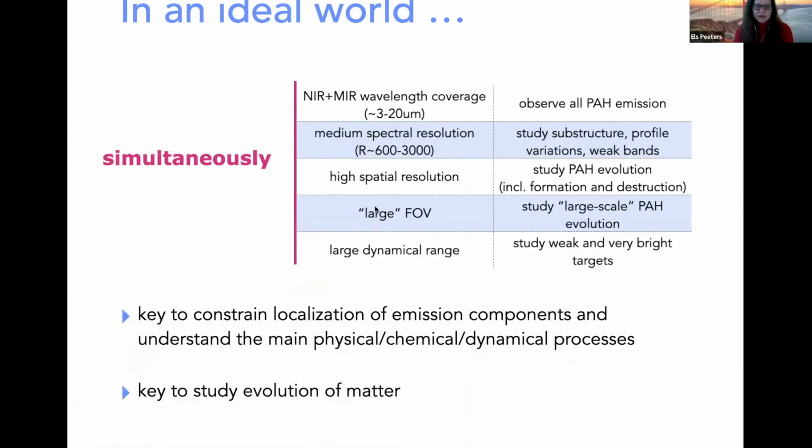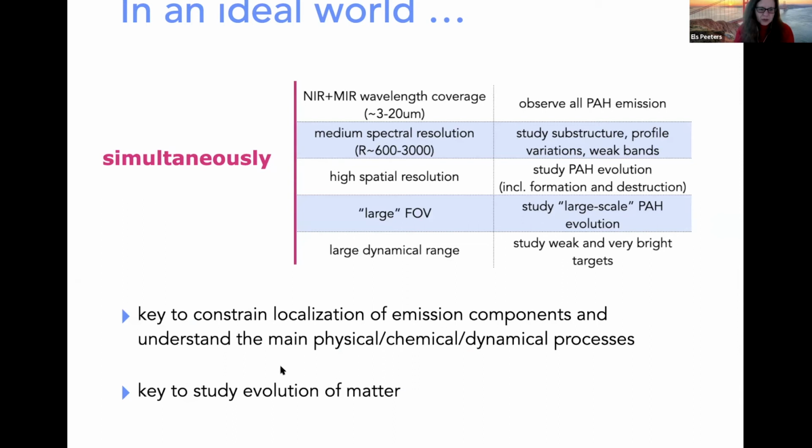And so in the ideal world, the instrument that we require for this type of study has those requirements all at the same time, because then if we have that available, we can both localize the spatial location of the different emission components, their substructure, the weaker components, etc. And we can understand the main physical, chemical, and dynamical processes that are responsible for how these molecules change.